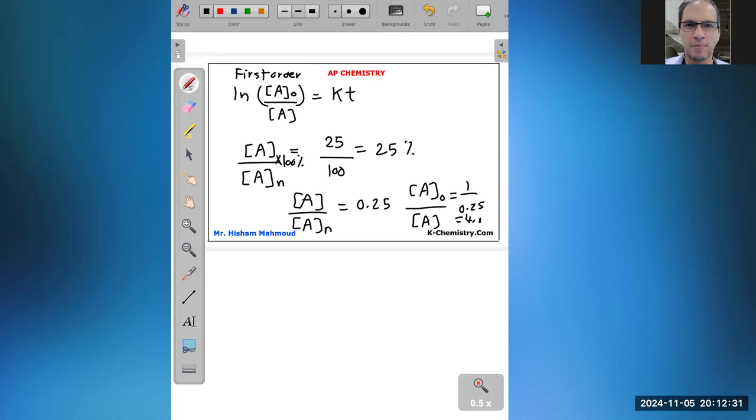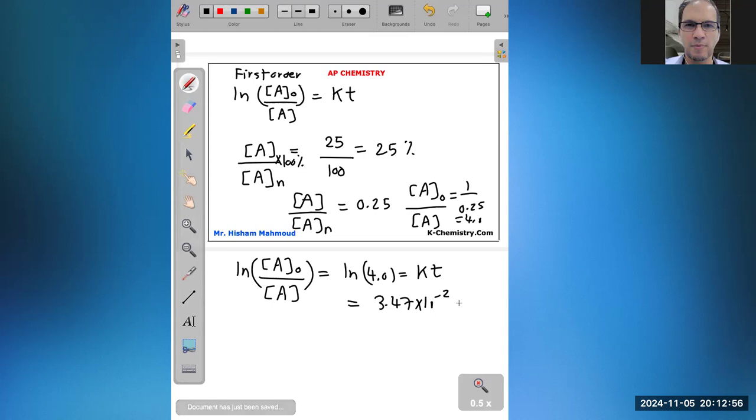Let me write the answer. يبقى ln بتاع الكونسنتريشن A at time 0 divided concentration A بتساوي ln ال 4 بتساوي K في T. وانت قلت لي الكي من السؤال اللي فات 3.47 في 10 to the power of negative 2.